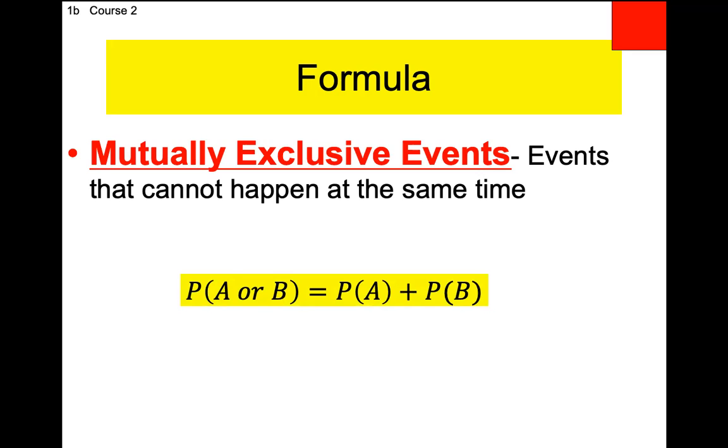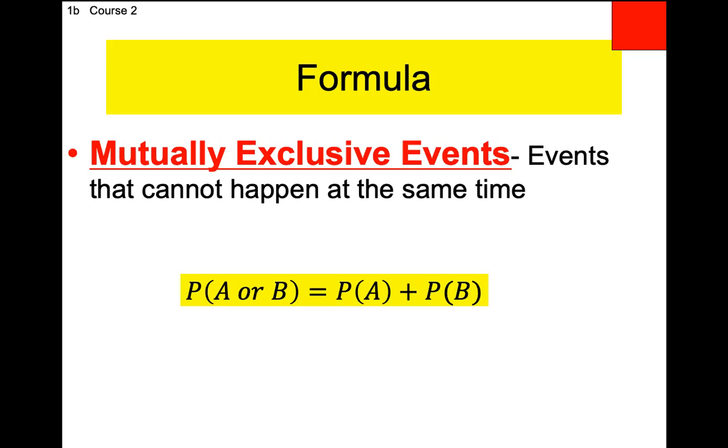If they're mutually exclusive, what does it say to do? Not multiply. It says to add A and B. Calculate the probability of A, calculate the probability of B, and then add them together. That's how you do it.